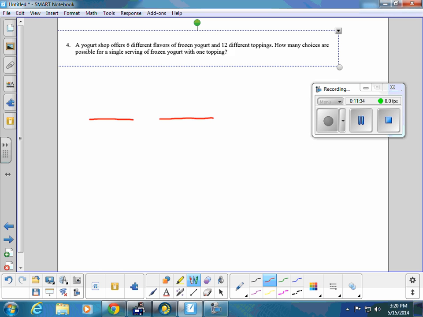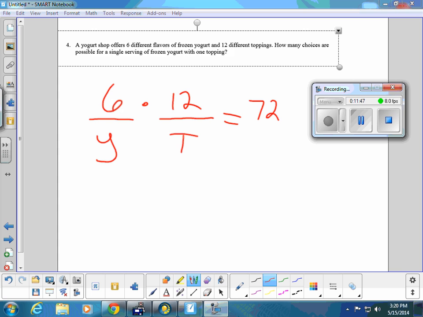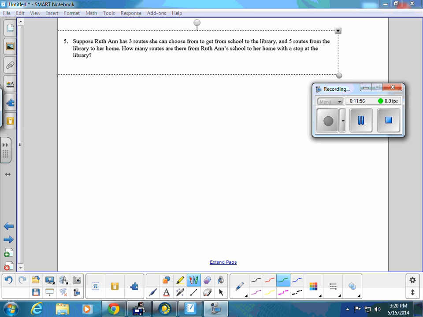So we have your yogurt you have to choose from and your topping. So you have 6 different flavors times 12 different toppings, and that will give you the amount of combinations of yogurts that you can get. So 72 different ways you can arrange a yogurt in a topping.